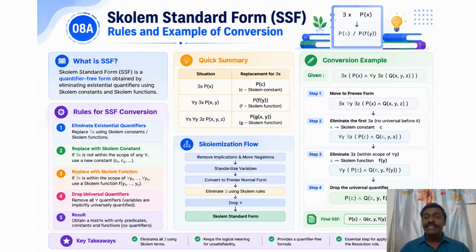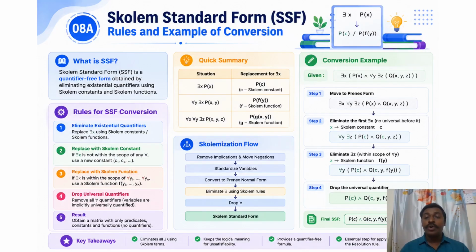Wherever there is x, we replace it with c. So here we see p of c and q of c comma y comma z. Now we have a second existential quantifier z, but before that we have y, which means this existential quantifier z is in the scope of universal quantifier y.